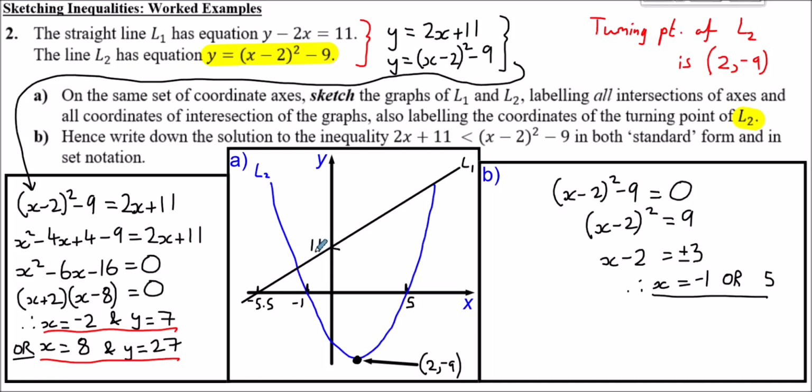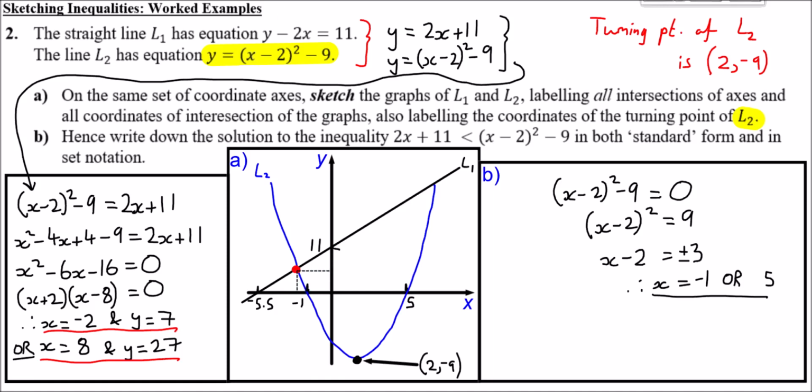Now what we need to do is just realize where these graphs cross each other. What we've seen from before is they intersect where x is minus 2 and y is 7. So we can add on this point here, as well as just labeling this coordinate.